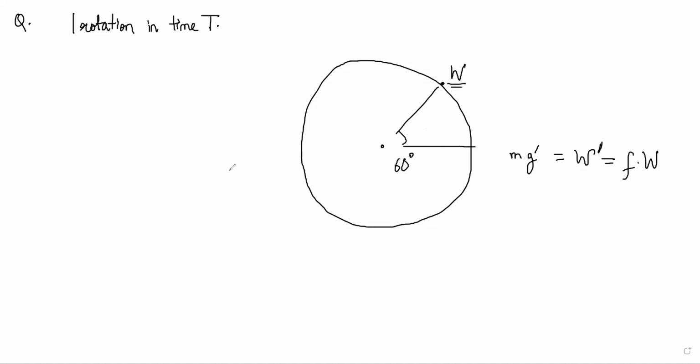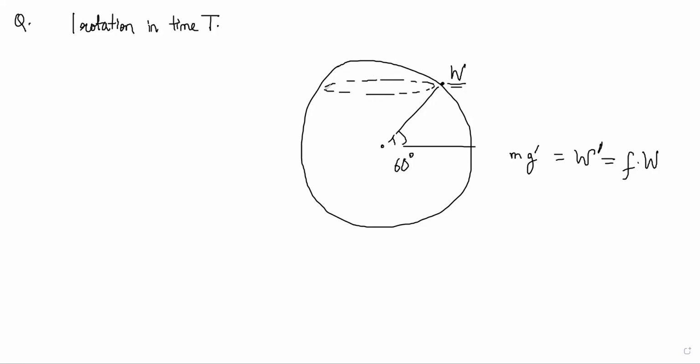Weight here, right? And we have to find out the density of the planet. Okay, so what we need to figure out is how your weight varies with different latitudes, right?